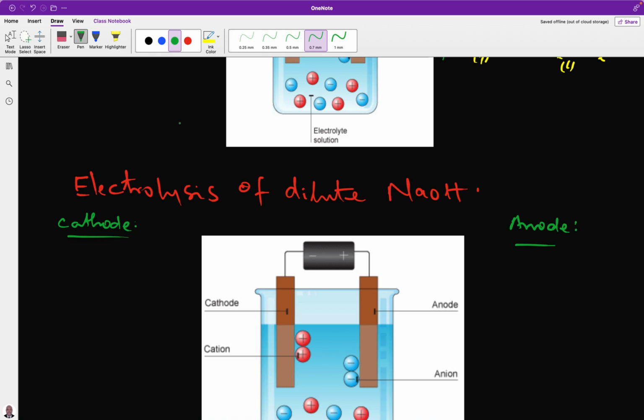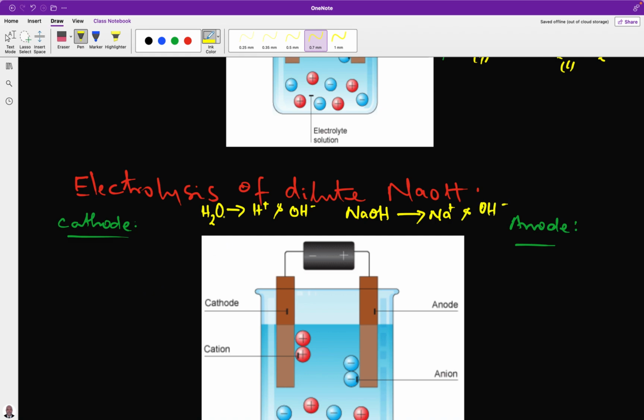So water will give rise to hydrogen ion and OH ion. And since it is dilute, sodium hydroxide will give rise to sodium ion and the OH.